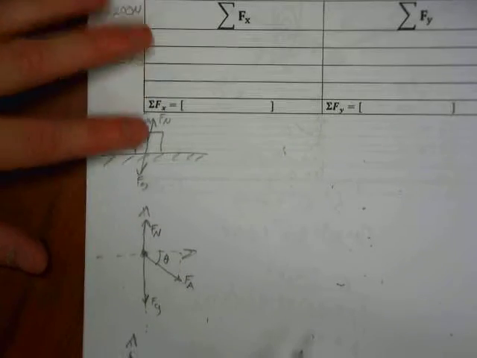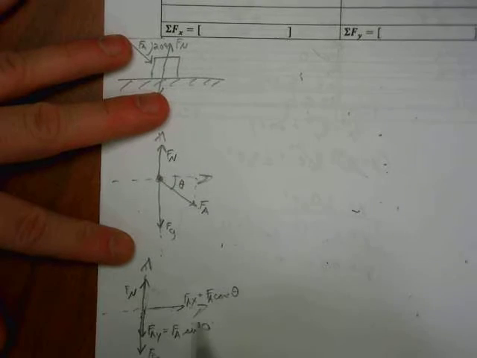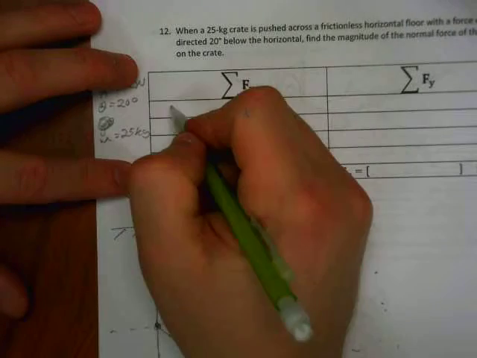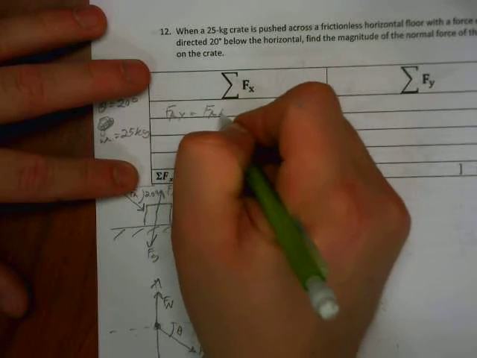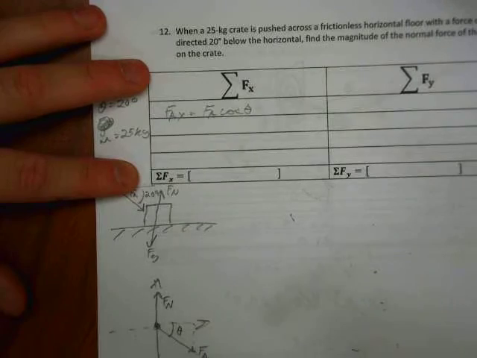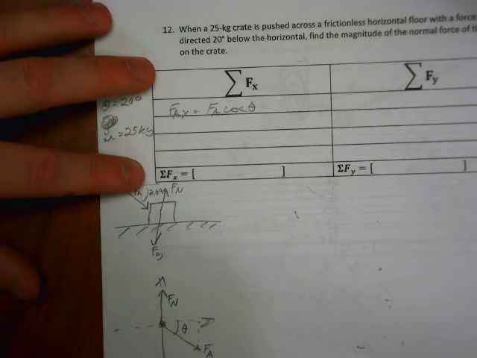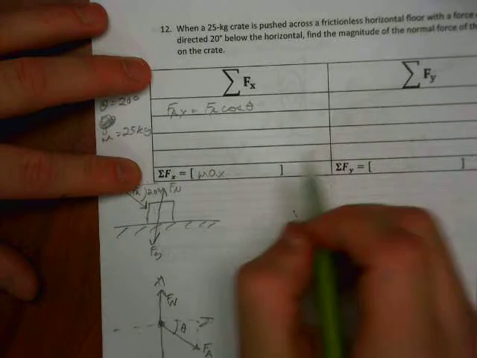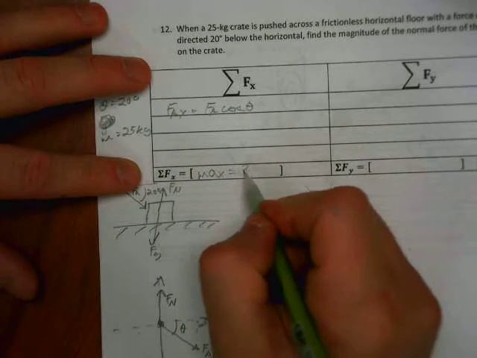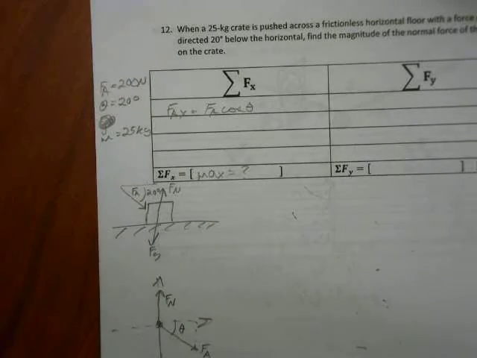So let me list my forces. In the x direction, all I have is FAX. And the sum of the forces in the x direction is equal to mass times the acceleration in the x direction. We don't know what that equals because the prompt doesn't tell us if it is being pushed at a constant velocity or if it's being accelerated.